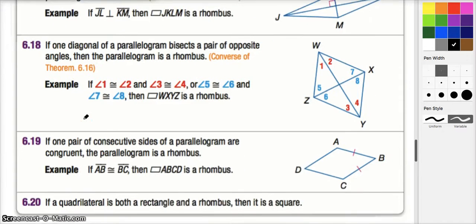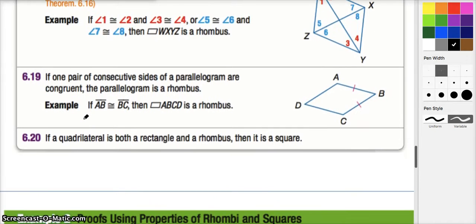All right, let's take a look at this next one. In 6.19, if one pair of consecutive sides of a parallelogram are congruent, then that parallelogram is a rhombus. So if I knew that ABCD is the parallelogram, and I can say that AB and BC are congruent, then all of it's congruent. That is a short proof, because you know that the opposite sides are congruent when you have a parallelogram, and therefore you'd have all four sides being equal.